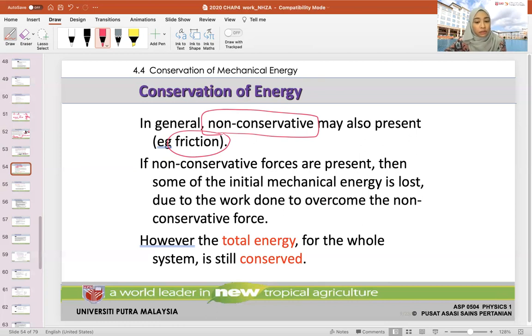However, the total energy for the whole system is still conserved. Walaupun ada friction, and the friction makes it lose energy, this loss of energy will be compensated somewhere else. Sebab dia still kena maintain that total energy. Initial dengan final kena sama.